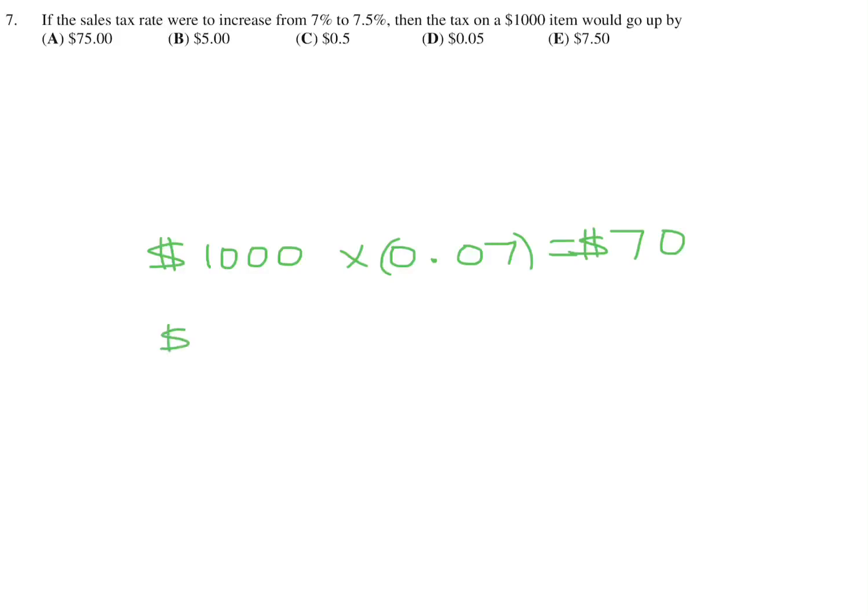Then the tax rate goes up to 7.5%, so now we have 0.075, and that equals $75. They're asking how much the tax went up by in dollars, and that is from 70 to 75, $5. So the answer is B.